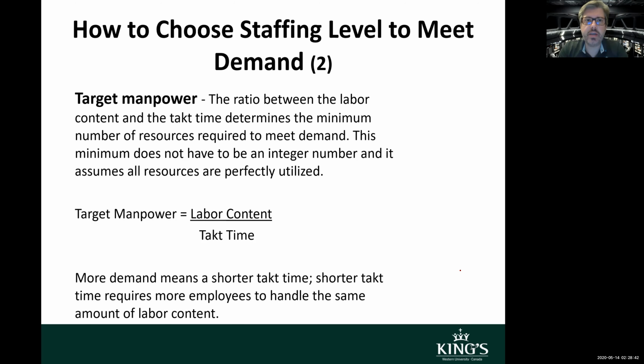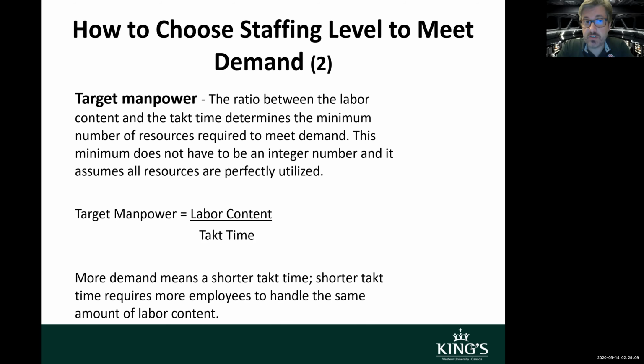So how do we do that? How do we choose the staffing level to match our demand? Well, first and foremost, you should find your target resource. How many employees you need, how many machines you need, how much manpower do you require to run a certain amount of tasks in your process.